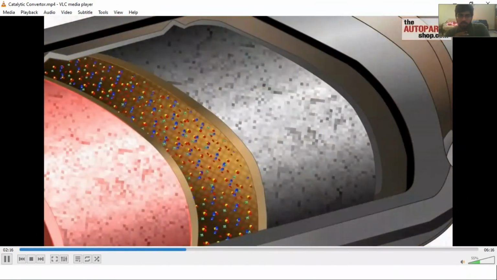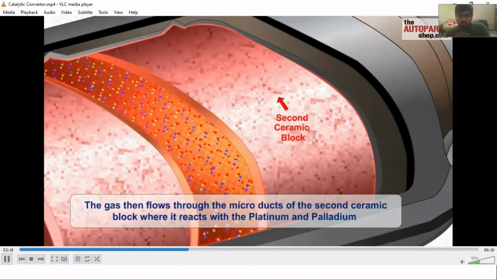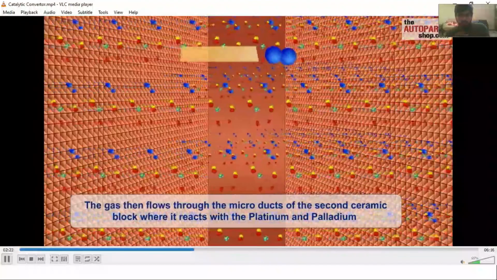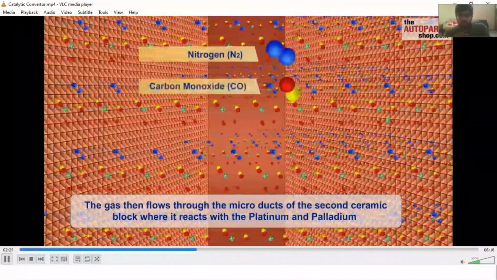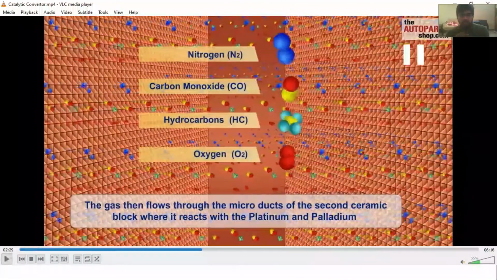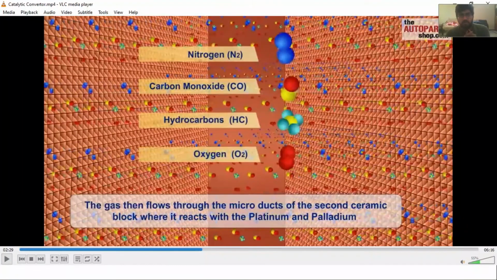Now what will happen in the next phase is, we have the platinum and palladium catalyst. These are some of the products which are coming here: nitrogen and oxygen, carbon monoxide and some unburned hydrocarbons.